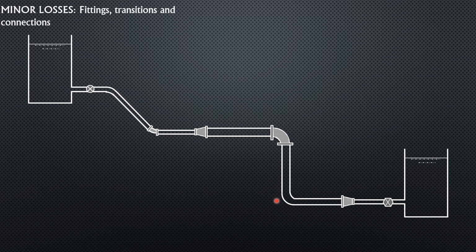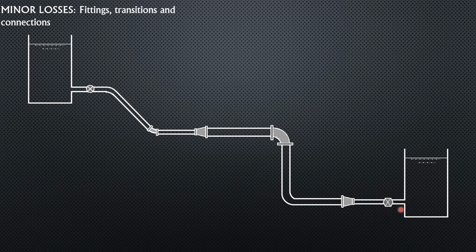Another bend, 90-degree bend. Then this is a gradual contraction, just like a cone or a nozzle, just like that. And we have a gate valve here.